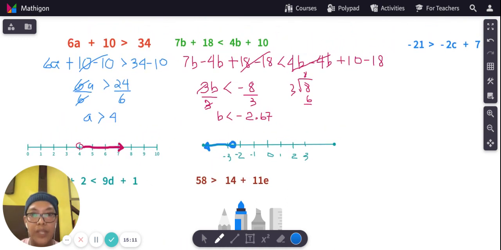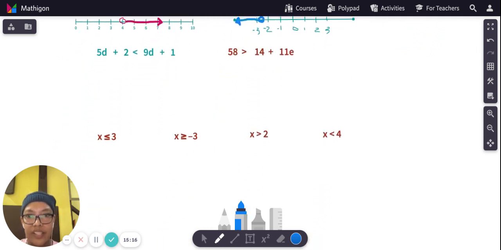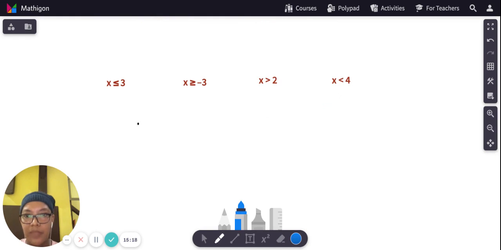Okay, so my discussion is quite long already. So let's try graphing this if you have this kind of inequality. Okay, we have shaded already. So this is 0, 1, 2, 3, and negative 1.